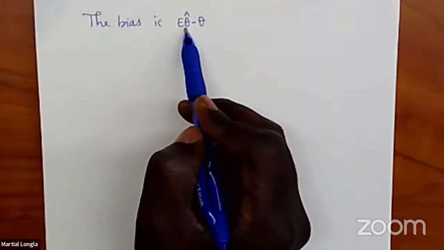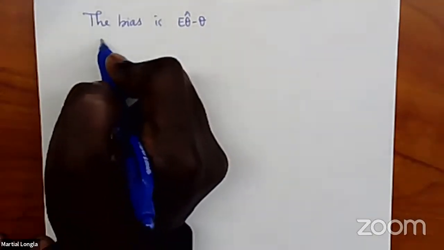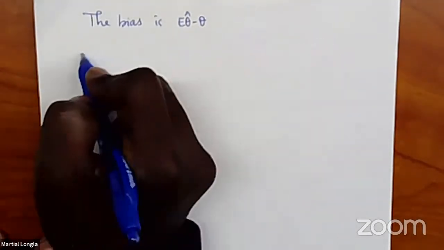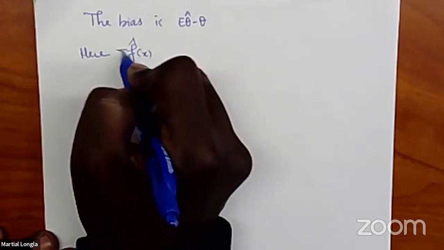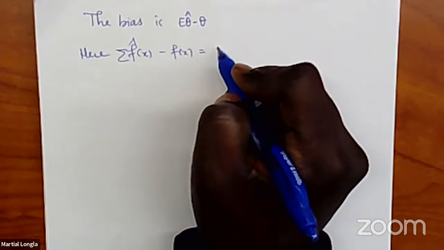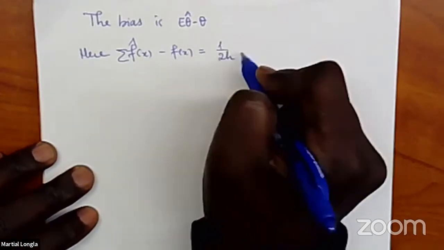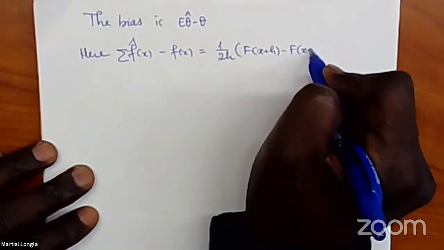When the expected value of theta hat equals theta, we say that we have an unbiased estimator, but when it's not equal, this difference is called the bias. So here you have the expected value of f hat of x minus f of x, and the expected value is 1 over 2h times F of x plus h minus F of x minus h.